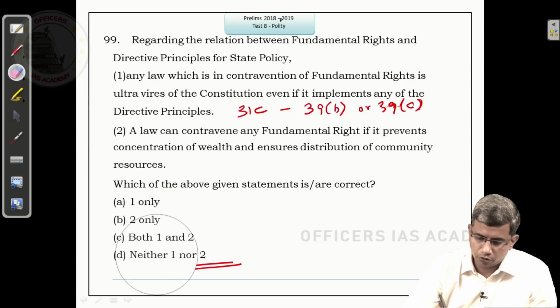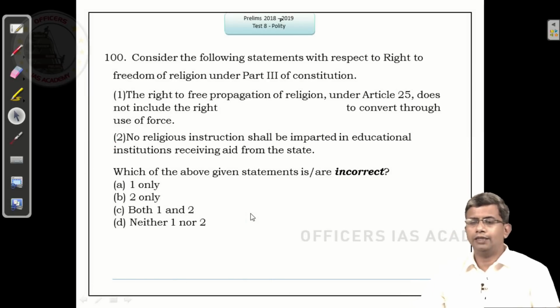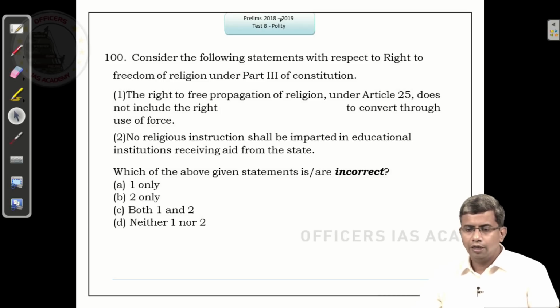So, now we come to the final question. Consider the following statements with respect to right to religion. The right to free propagation of religion under Article 25 does not include the right to convert through use of force. That is a correct statement. No religious instruction shall be imparted in an educational institution receiving aid from the state. That is a wrong statement.